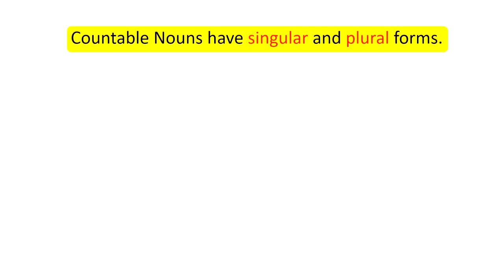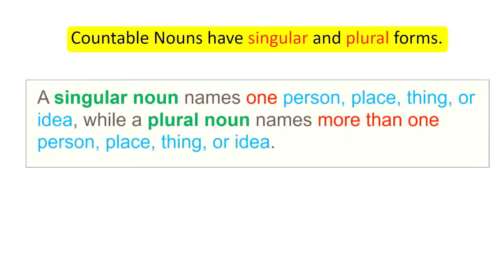Countable nouns have singular and plural forms. So, let us know what singular and plural nouns are. A singular noun names one person, place, thing, or idea, while a plural noun names more than one person, place, thing, or idea.